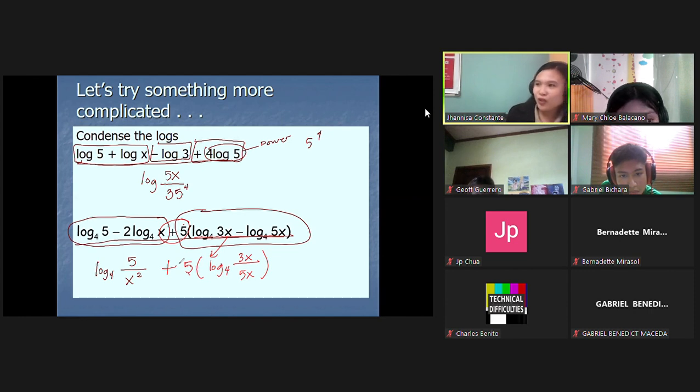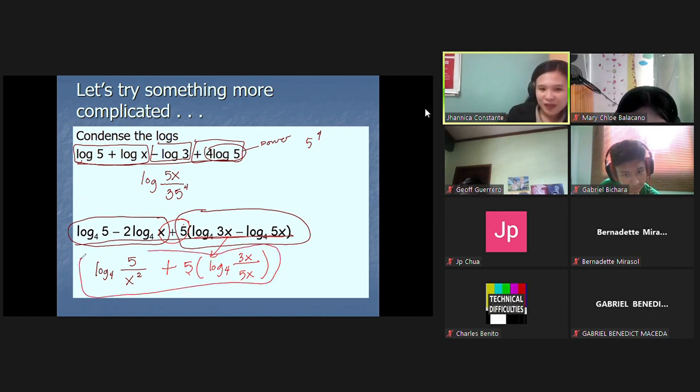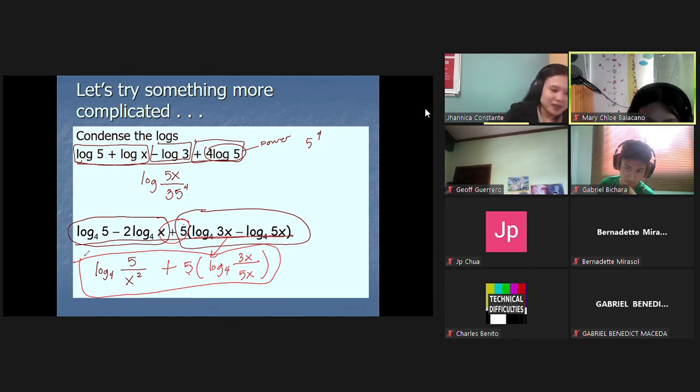Can we still shorten this function? So this is already the shortened form of our function. Logarithmic 4, 5 over x squared plus 5 times the quantity of logarithmic 4, 3x over 5x.